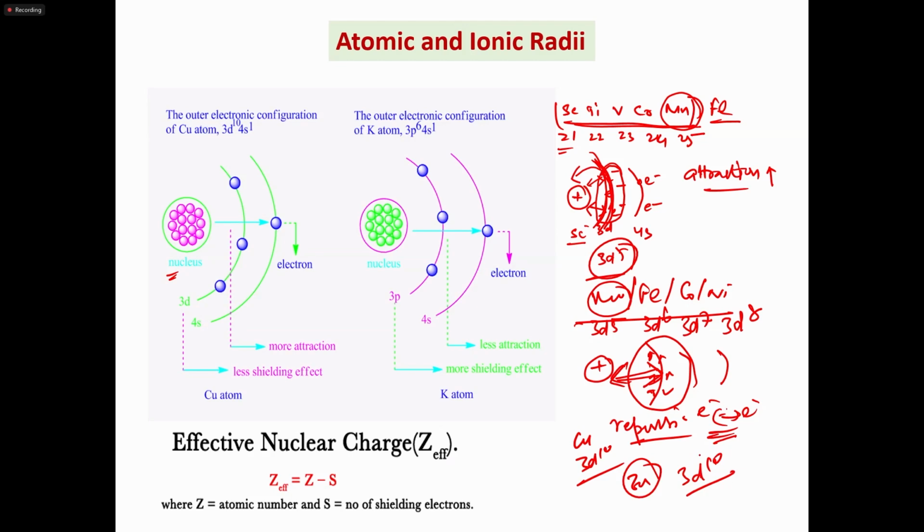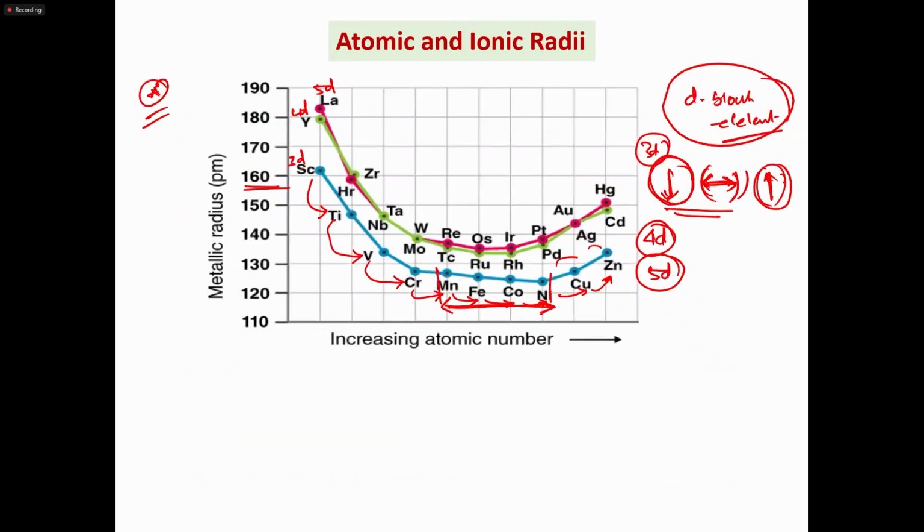That's why the atomic radius value increases for copper and zinc. So there are two factors, one is repulsion and the other is attraction, and the trend follows depending on these two factors.